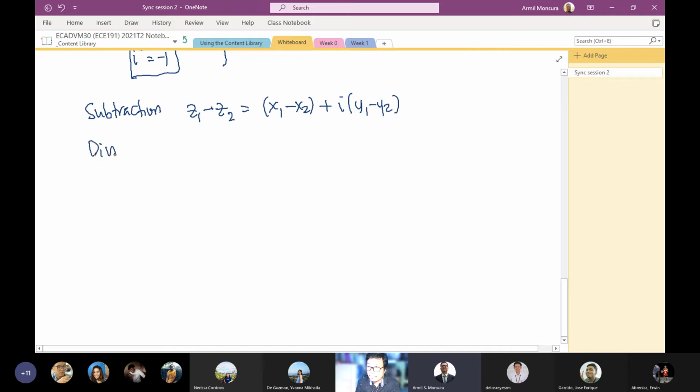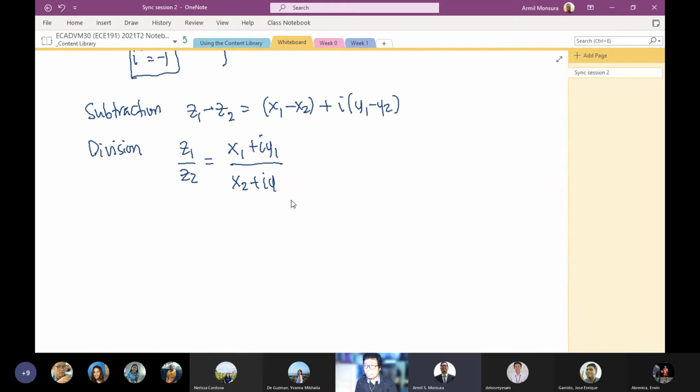Now, for division, it goes like this: Z1 over Z2 is equal to (X1 plus I Y1) over (X2 plus I Y2). I can use J, but in this case I'm using I for now. If the problem uses J, you can use J, but if the problem uses I, you can use I.